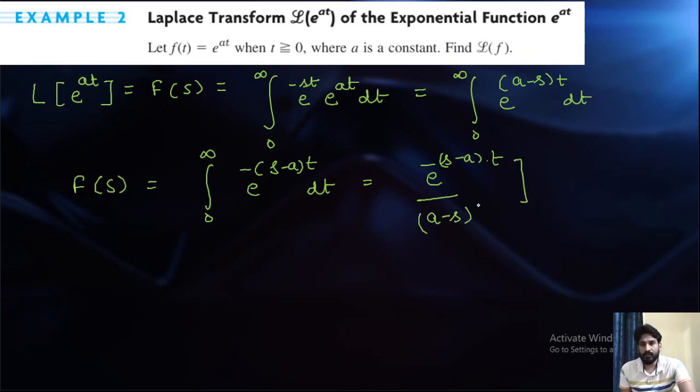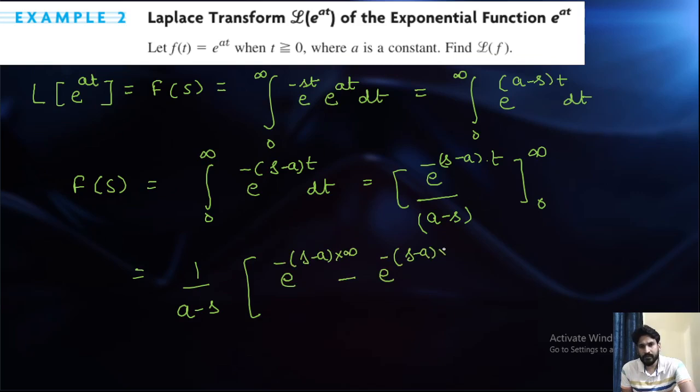Now we will put the limits. It is 1 divided by a minus s into e raised to power minus s minus a into infinity minus e raised to power minus s minus a into 0. So the first is 0, the second is 1, so it is minus 1.